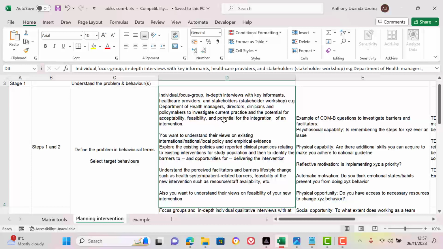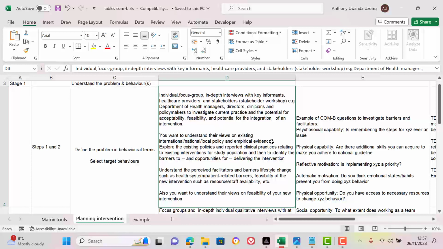The aim of the stakeholder workshop is to understand their views about the current state of malaria screening in pregnancy, and their views on the policy at the local, national, and international level. At this stage, you also need to do some literature reviews to know what kinds of interventions are effective for this kind of population.